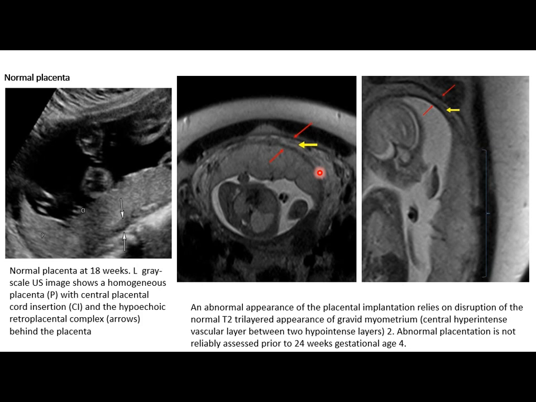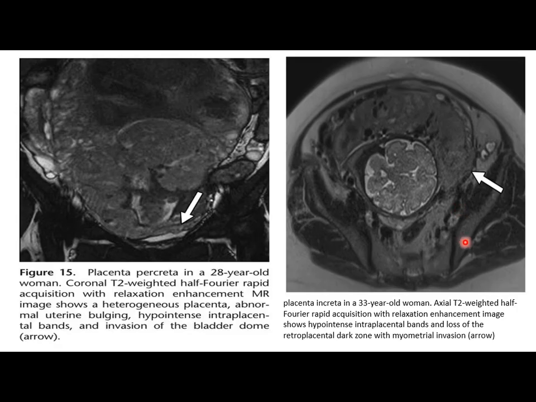Any disruption of this trilayered appearance on MRI is considered abnormal placentation. Also, this is the normal appearance of placenta. This is a case of placenta increta, showing disruption or loss of the retroplacental hypointense zone. This is very important to diagnose abnormal placentation.